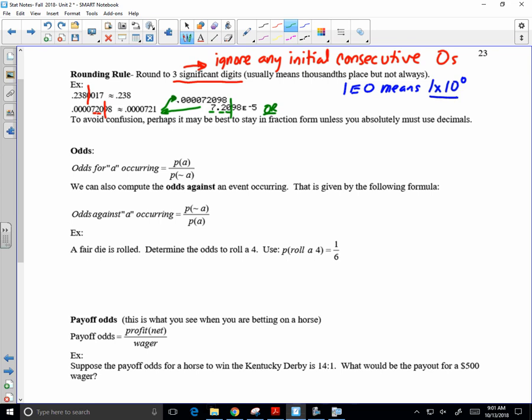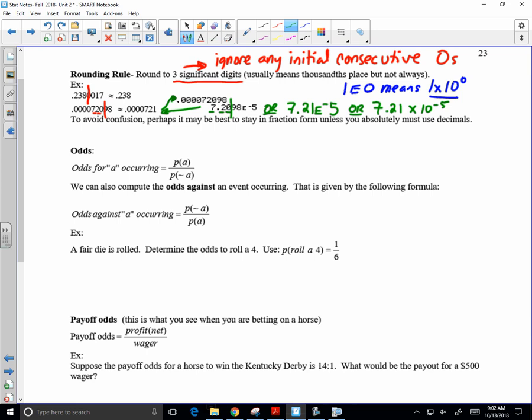That's perfectly fine. So you'd write 7.21. You could even write the E -5 if you want, but that means the same thing as 7.21 times 10 to the -5th power.